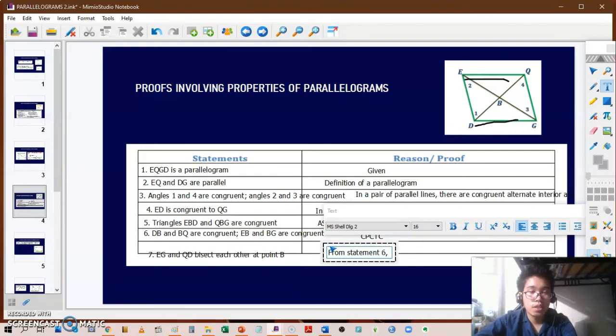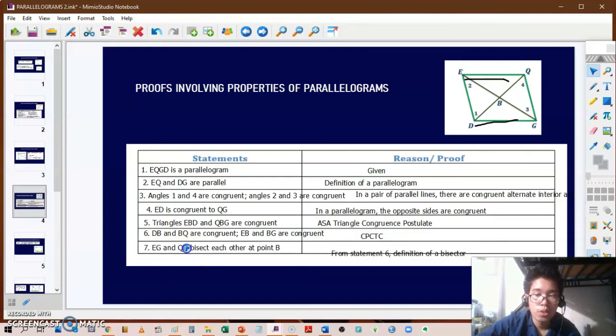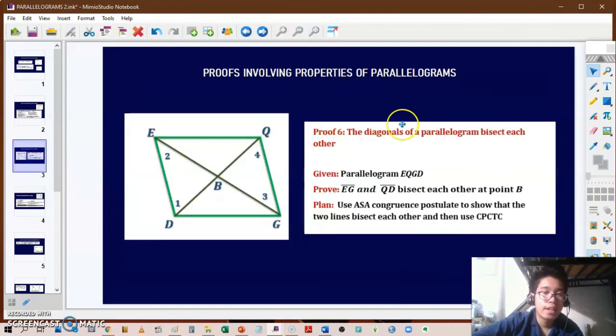That's the definition of a bisector. We've already seen that DB and BQ are congruent, the parts of the bisector DQ, and EB and BG are congruent, which are parts of the diagonal EG. Therefore, from statement 6, we have the definition of a bisector, and we've proven that the final property of a parallelogram is true: the diagonals of a parallelogram bisect each other.